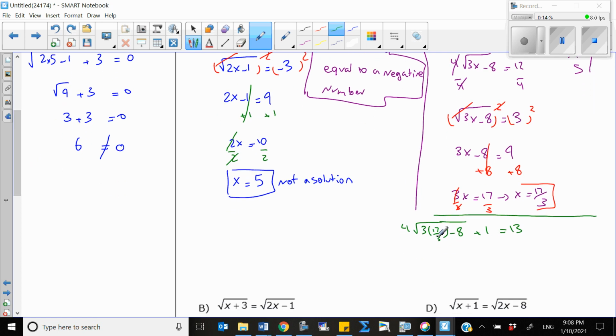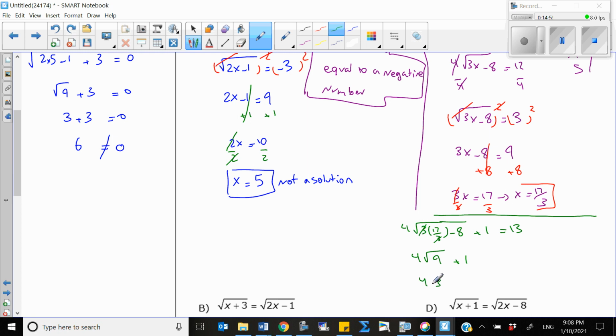So 3 times 17 over 3. This 3 on top and this one in the bottom cancel each other. And here I will have 17 minus 8. 17 minus 8 is 9. So basically I have 4 square root of 17 minus 8, which is 9, plus 1. Square root of 9 is 3.